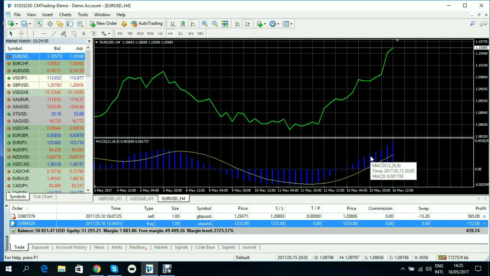So the more they stretch up, the more the price of that currency pair or the instrument in question is likely to rise, hence more profit on this very buy position.